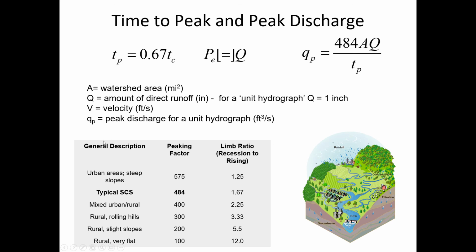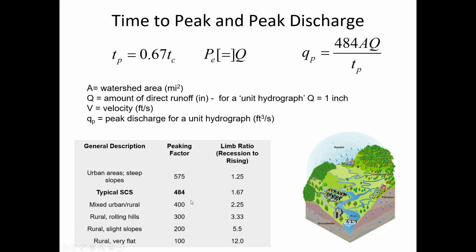Now, there are a couple of embedded assumptions when we calculate the peak discharge. And one of them is what kind of a peaking factor applies for the watershed that we're dealing with. And you can see this factor 484 is used in here.